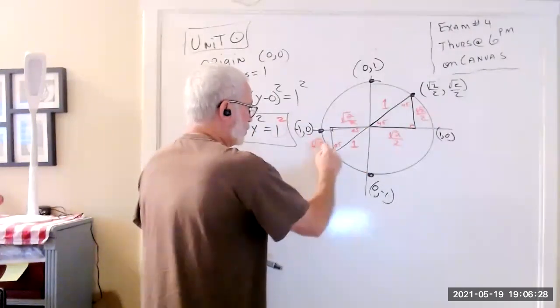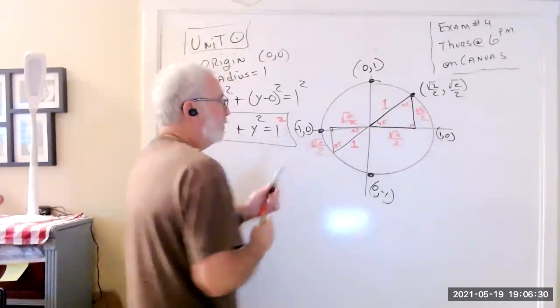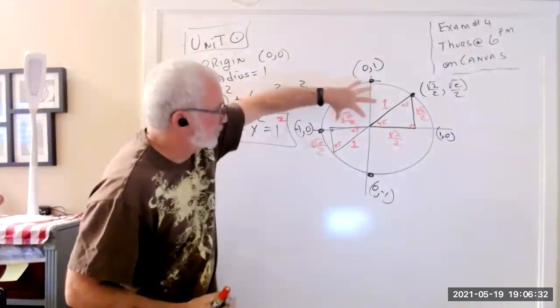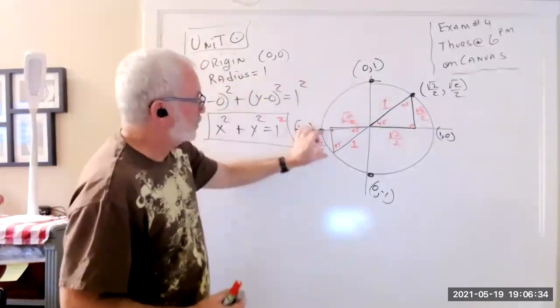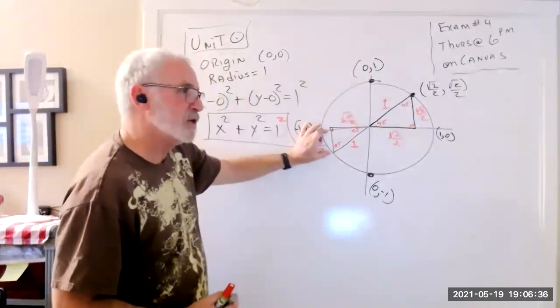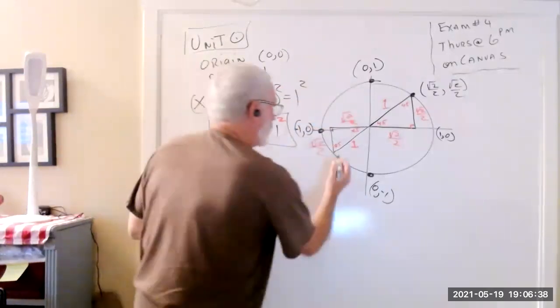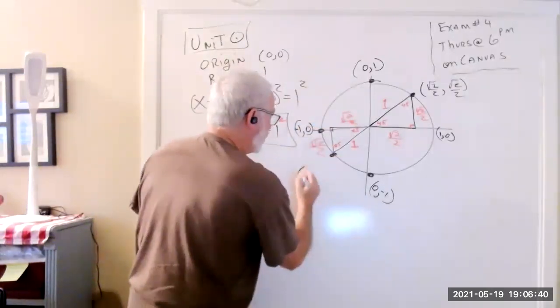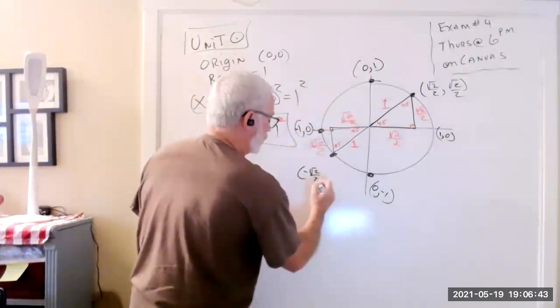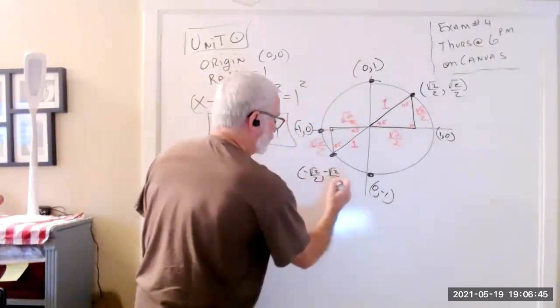This is also square root of 2 over 2. This square root of 2 over 2 is the side of this triangle. But hang on, this coordinate is negative radical 2 over 2, comma, negative radical 2 over 2.